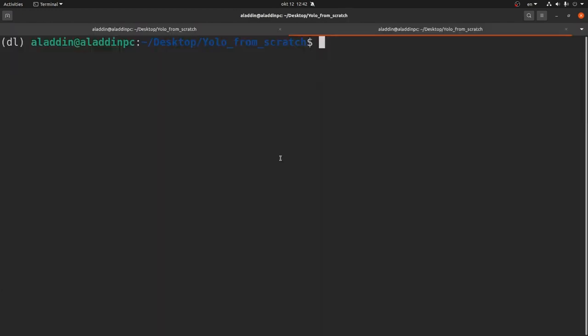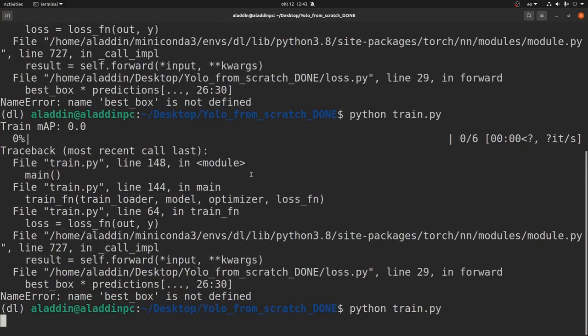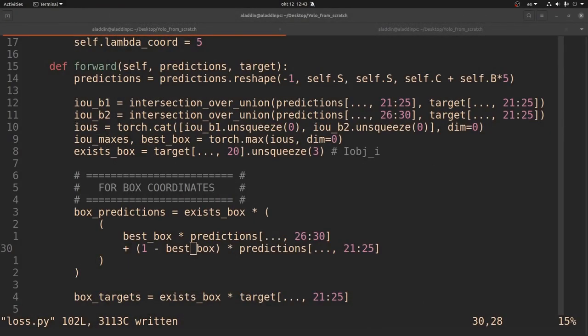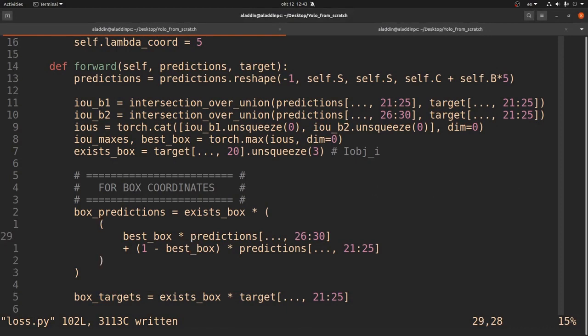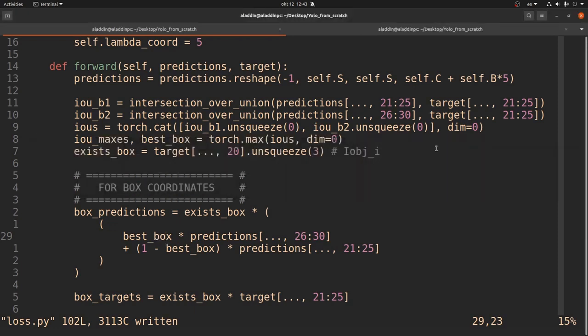Best box is not defined. What? We just did that one. Yeah, this should be best underscore box. So let's put this again and see if it works. Ah, my God, best box is not defined. Where did I put that? Line 29 here, but it should, right? Oh yeah, so, of course, I'm not modifying that file.